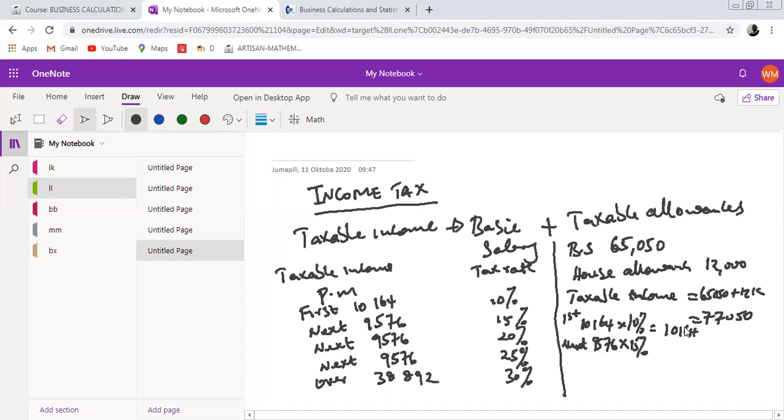If we tax it at 15%, we are going to pay 1,436.4. Then we go to the next 9,576, taxed at 20%. 9,576 times 20%, you get 1,915.2.